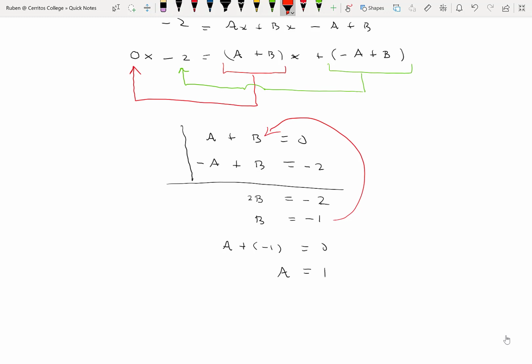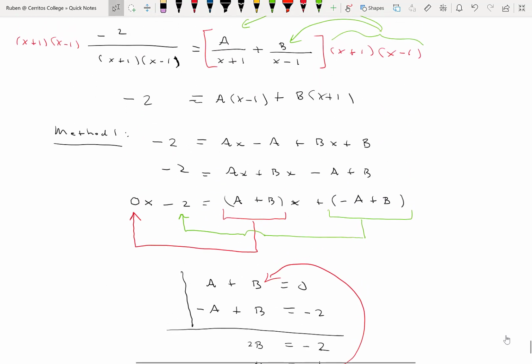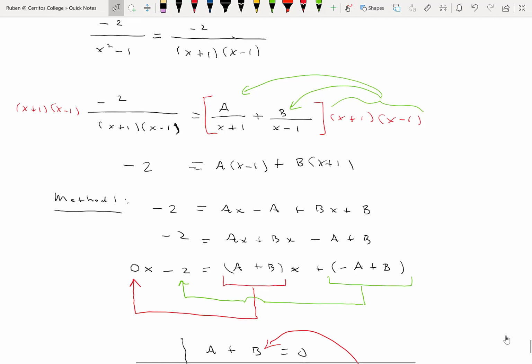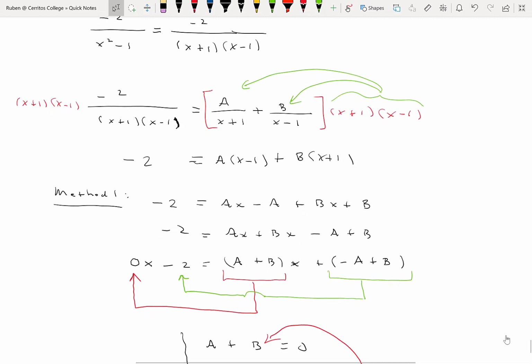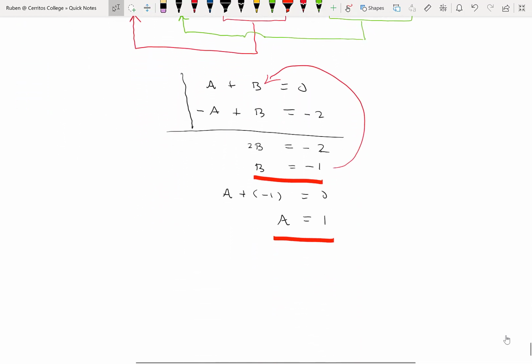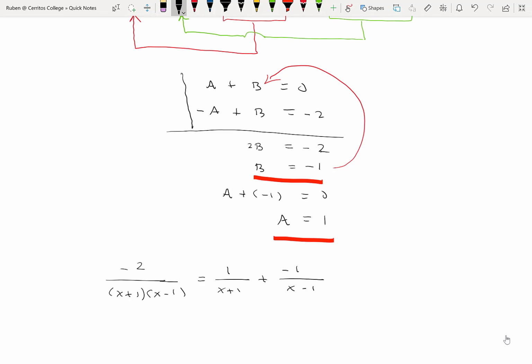So once we've solved for the constants that we're looking for, we go back to our original partial fractions decomposition and write it out with the constants that we found. So negative 2 over x plus 1 times x minus 1 then is a, which is 1, over x plus 1, plus b, which is negative 1, over x minus 1.